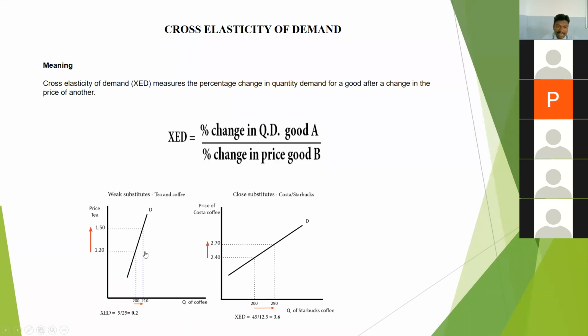If it happens that when the price of tea has increased by 25%, and the demand for coffee has increased by only 10%, then it will be called weak substitutes.